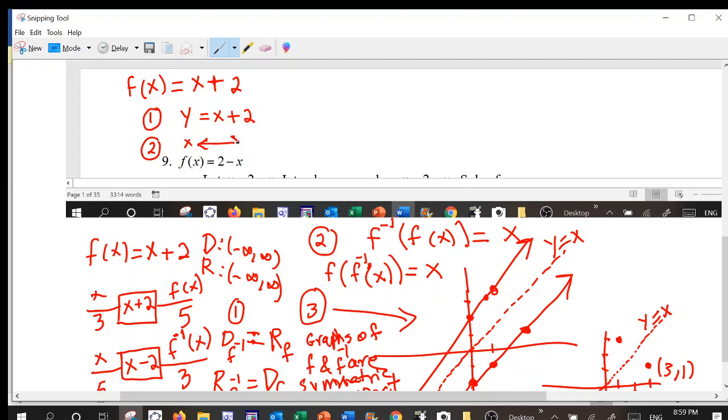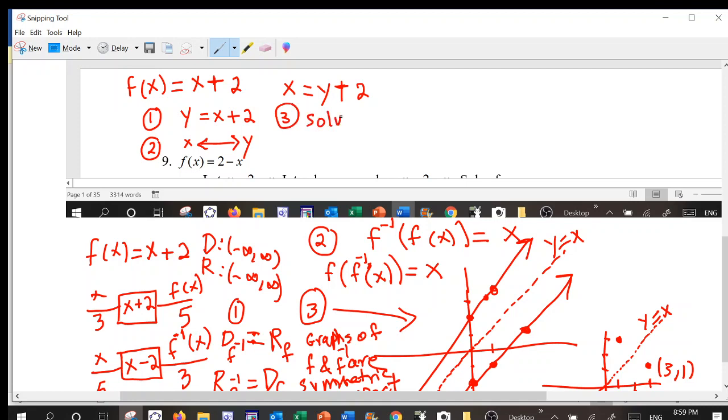So basically everywhere in the equation that you see x, you put y, and everywhere that you see y, you put x. See that?